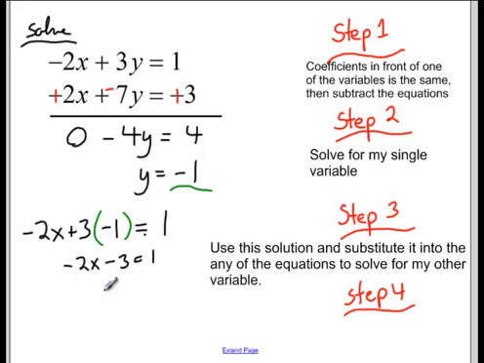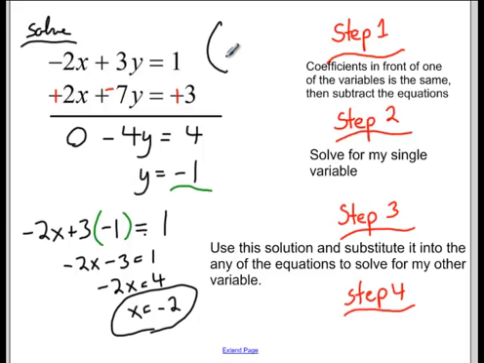I'm going to add 3 to both sides, so negative 2x is equal to 4. And if I divide both sides by -2, I get x is equal to -2. So there's my other point. Now my solution is x is -2 and y is -1.